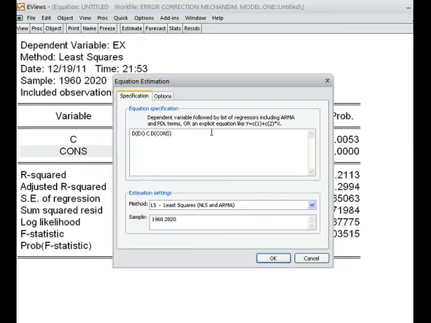And then I add the error correction term. What is that? That is u(-1). What does it mean? u(-1) means one period lag of the residual.